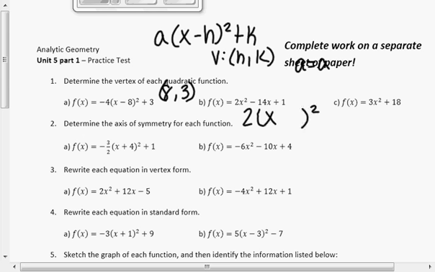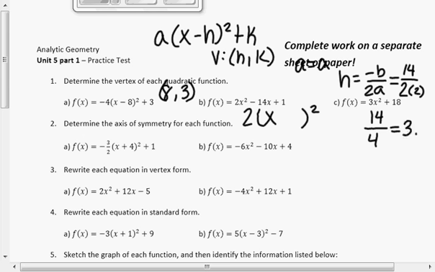So then to get h, we do negative b over 2a. b is negative 14, so we change the sign and make it positive, over 2 times 2, since a is 2. 2 times 2 is 4, so we have 14 divided by 4, and when you do that, you get 3.5. So it's going to be minus 3.5 for h. You can also leave it in fraction form, which would be 7/2, either way.